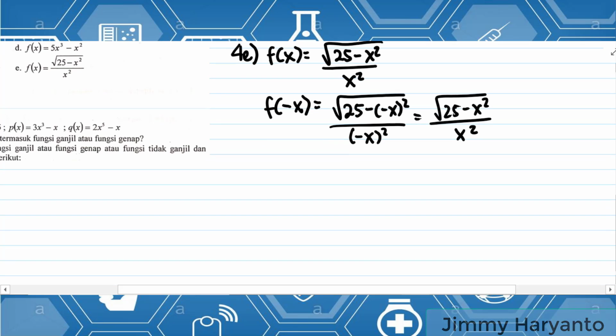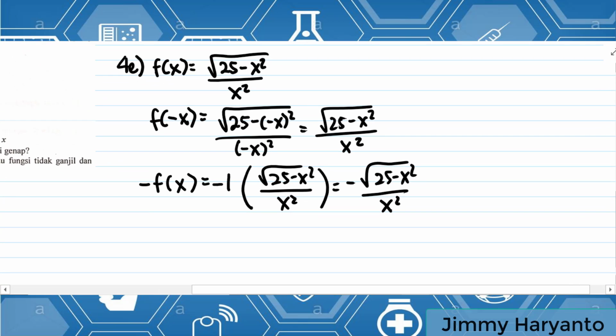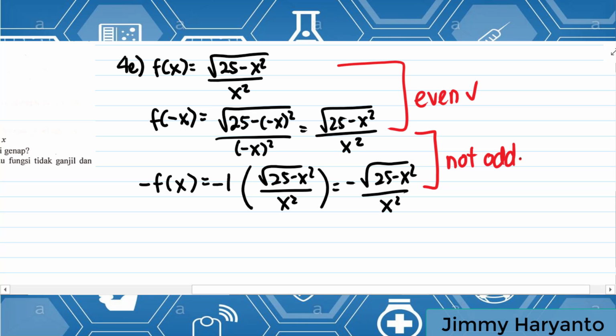For the third one, we have negative 1 times the f(x), so the result will be negative square root of 25 minus x squared over x squared. Take a look at the first and the second one. It's the same, so we call it an even function. But the third and the second one are not the same, so we call it not odd.